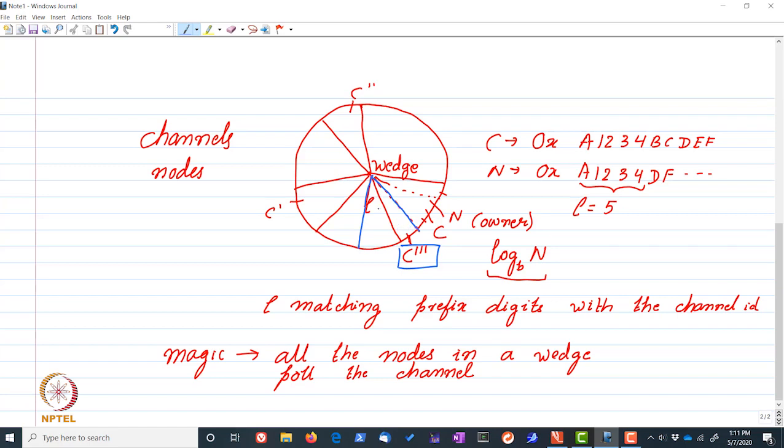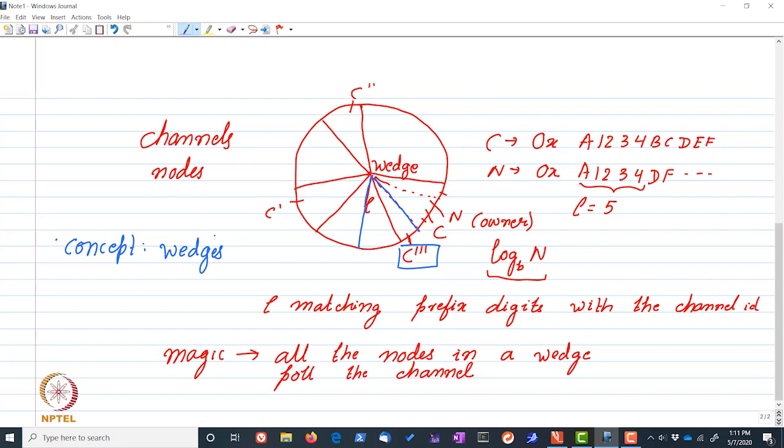Corona does have a way of managing such conflicts in a very indirect manner, but we will discuss that later. As long as the key concept is clear, and the key concept over here is the concept of wedges, which are essentially partitions of the hash space. The concept of wedges is the most important, and it is essentially a partition of the hash space.